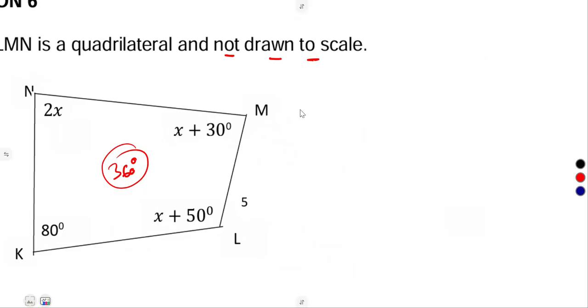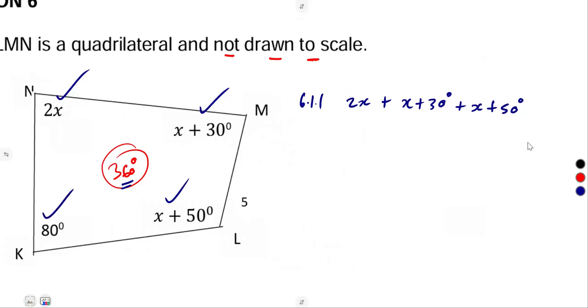So we're just going to use the angles inside a quadrilateral. In every quadrilateral, the sum of interior angles is 360. So let's add 2x plus x plus 30, plus x plus 50, plus 80 degrees.